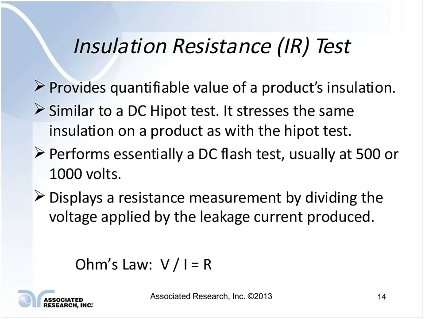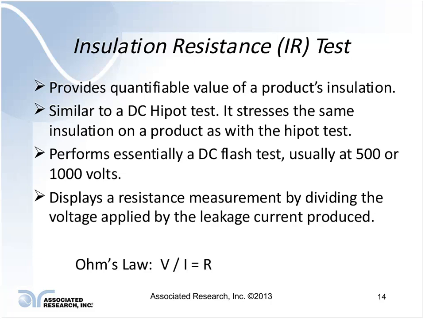So it's similar to a DC Hipot test. It stresses the same insulation on the product as the Hipot test. And you're basically doing this DC flash test at usually 500 or 1,000 volts. For the solar panel standards, it's a little bit more because of how they define that, and we'll get into that in a little bit.